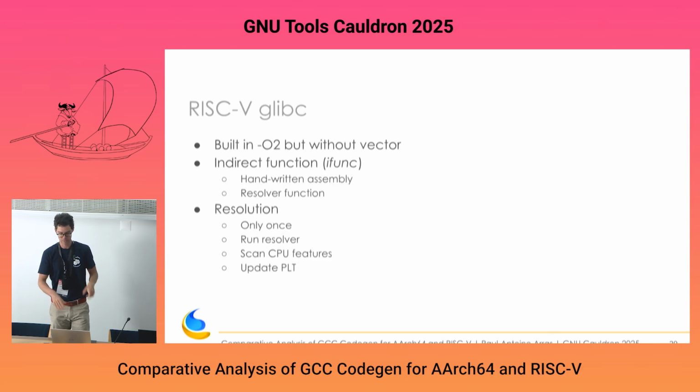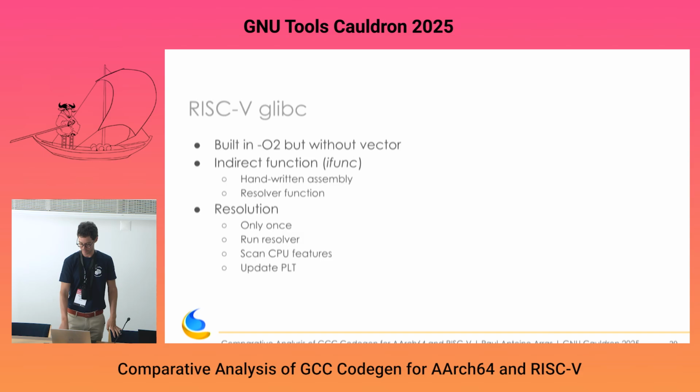And to avoid having to do that for the rest of the run, it updates the procedure linkage table, and then for the next calls to memset, it will jump straight to the right optimized version.